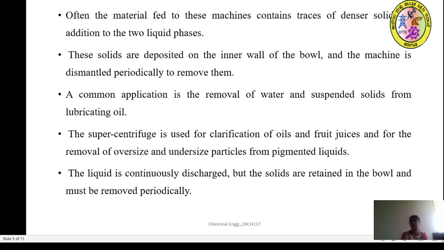After the centrifugal action, the solids are deposited on the inner wall of the bowl, and the machine is dismantled periodically to remove them. Here the main intention is to separate the two liquid phases and the solids. So after centrifugation by the rotation of the vertical bowl, the solids are deposited on the inner wall of the bowl, and after deposition the solids have to be removed, right?